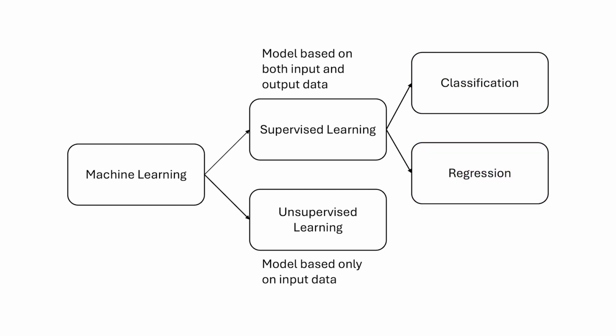But what is the distinction between supervised and unsupervised learning? The idea is that you have extra information about what you want to predict or classify in the supervised learning world.